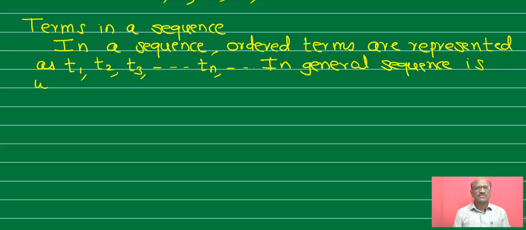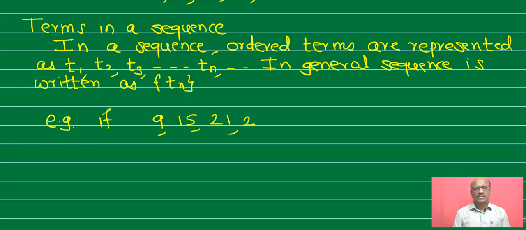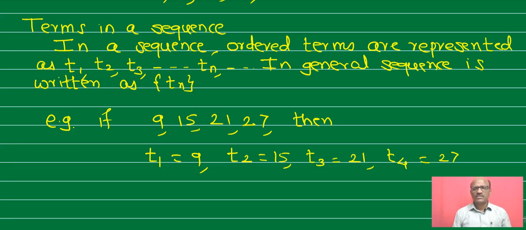In general, the sequence is written as curly bracket T suffix n. For example, if 9, 15, 21, 27, then T1 is 9, T2 is 15, T3 is 21, T4 is 27.